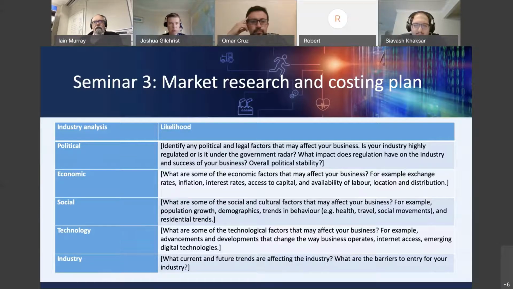So you look at the markets which will actually suit your product's technology. And of course, looking at the industry itself, what are the future trends affecting the industry? What barriers are there? Now, this can also include barriers such as regulation. If you're looking at getting into the telecommunications field, that's generally highly regulated. We've got to be very careful of what we're doing and how we can actually get access to the telecoms backbone.